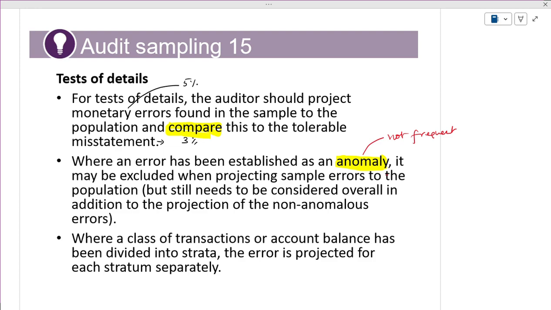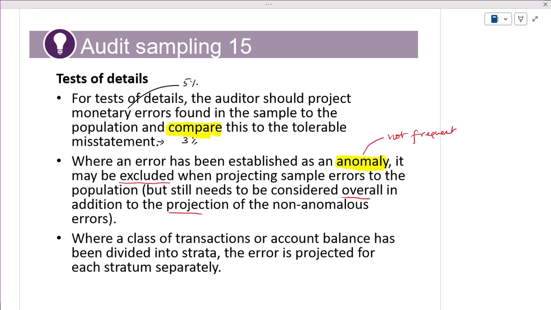If the error has been established as an anomaly, it may be excluded. If it is not frequent, it should be excluded when projecting errors to the population. Once in a while it happens, so you should not take that into consideration, though it is still to be considered with respect to overall additions to the projection.